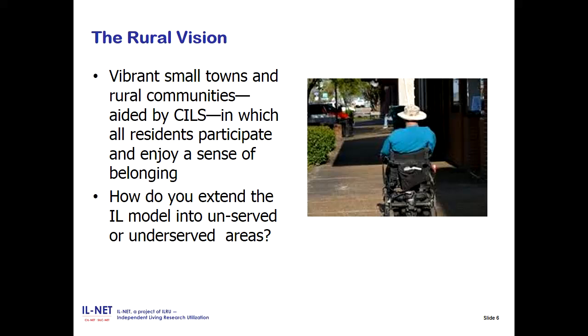The vision for rural America, as there was a new paradigm of disability, is that there is a new narrative of rural America that's beginning to emerge, shifting from one of dependence in agriculture to one that's full of vibrant small towns, rural communities, aided by Centers for Independent Living, in which all residents participate and enjoy a sense of belonging. But how do we extend the IL model into those unserved and underserved areas?